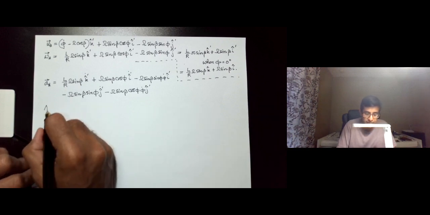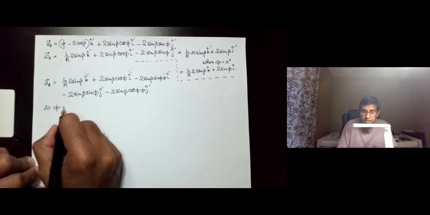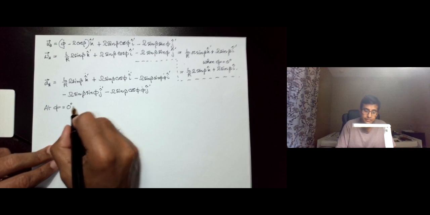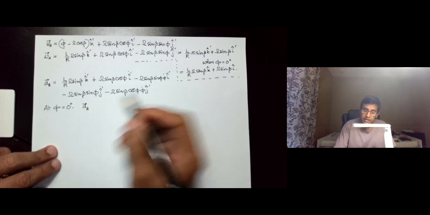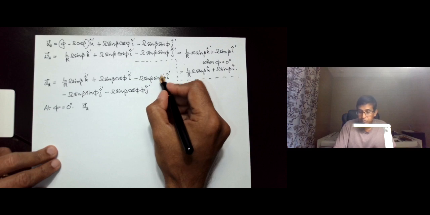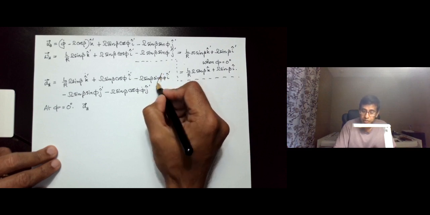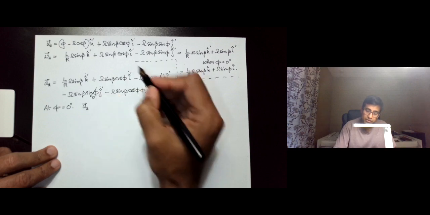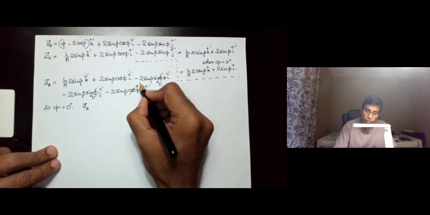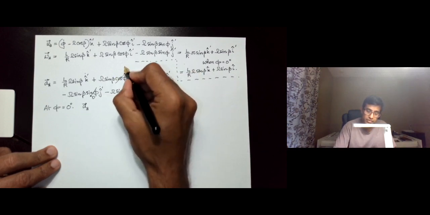So at phi equals 0 degrees, AD, to find it out, we'll have to set this to 0, we'll have to set this to 0, we'll have to set this to 1, and we'll have to set this to 1.